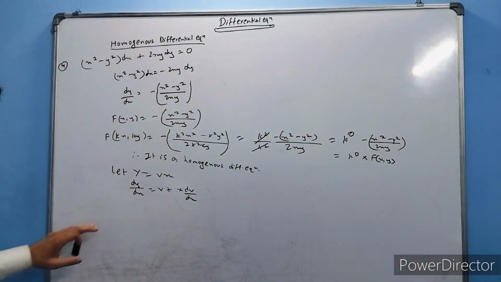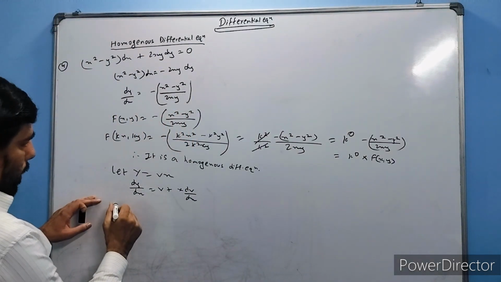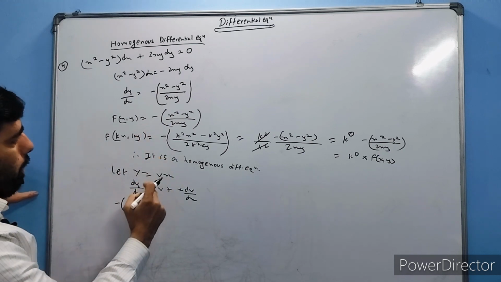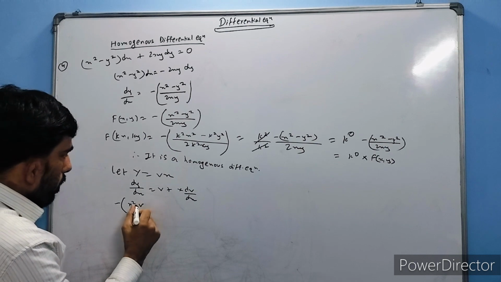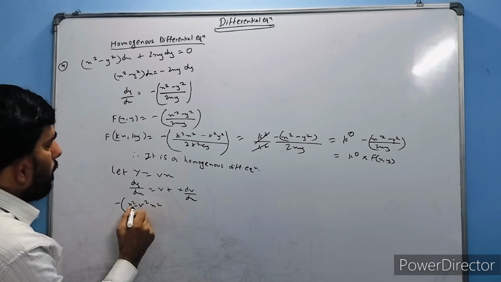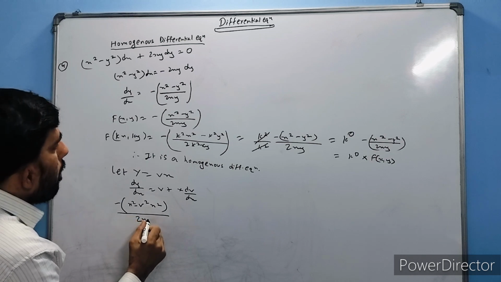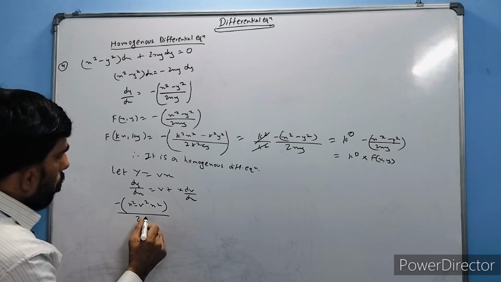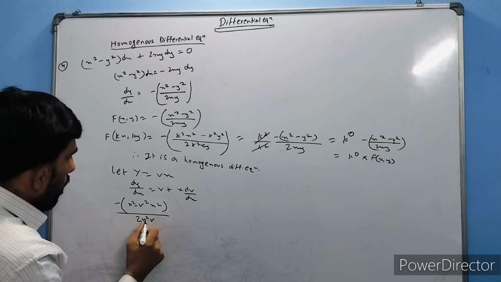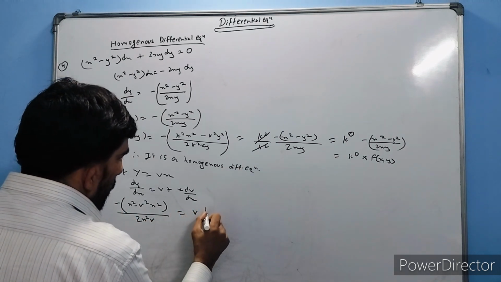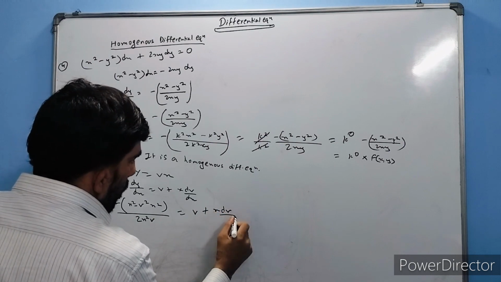Now here we'll apply dy by dx. We have minus x square, and we'll put the value vx. So we got v square x square upon 2 into x into y, where y is vx. So we'll put x square v, okay, is equal to v plus x dv upon dx.